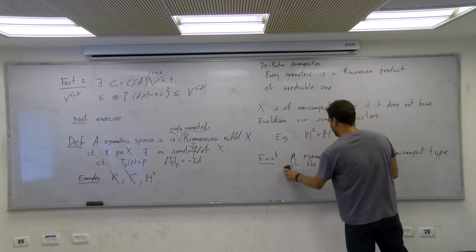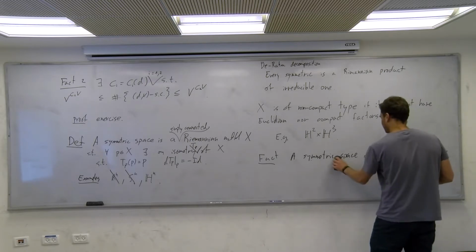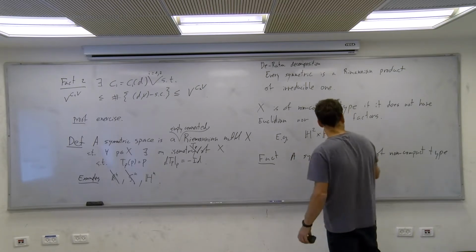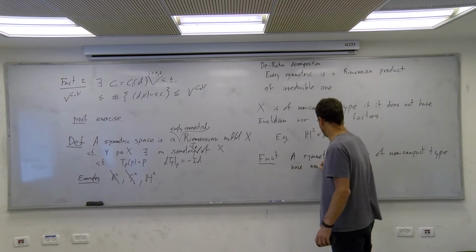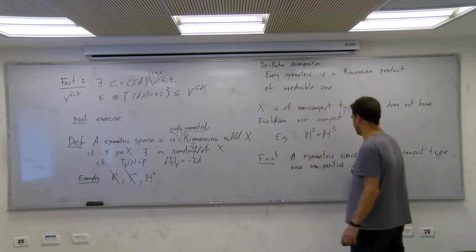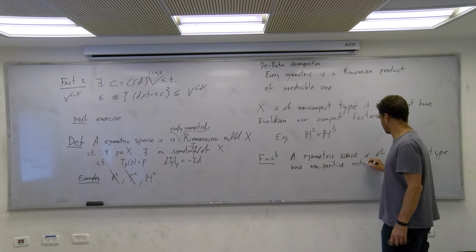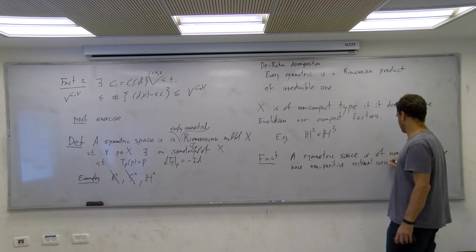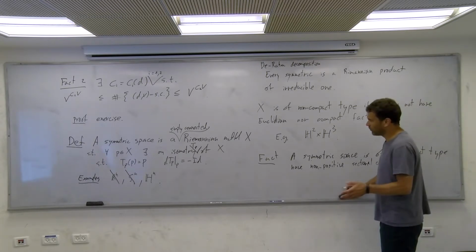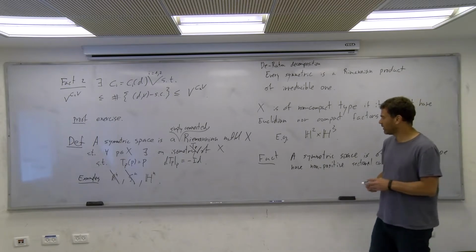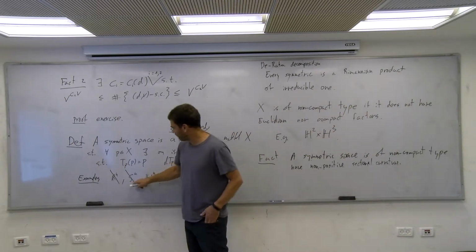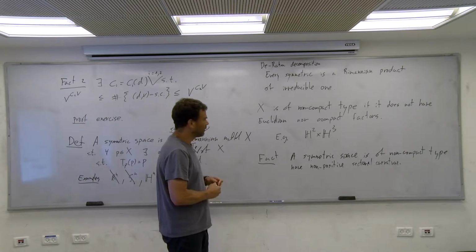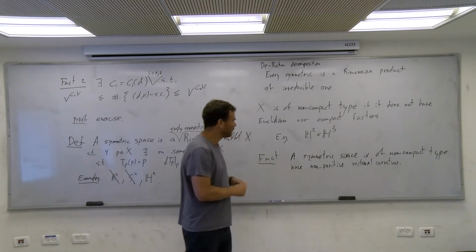If it's of non-compact type, then the curvature is non-positive. A symmetric space of non-compact type has non-positive sectional curvature. I'm not defining it now, but this one has positive curvature, and this one has negative, non-positive curvature. I will say something about curvature. I will define non-positive curvature if you want.